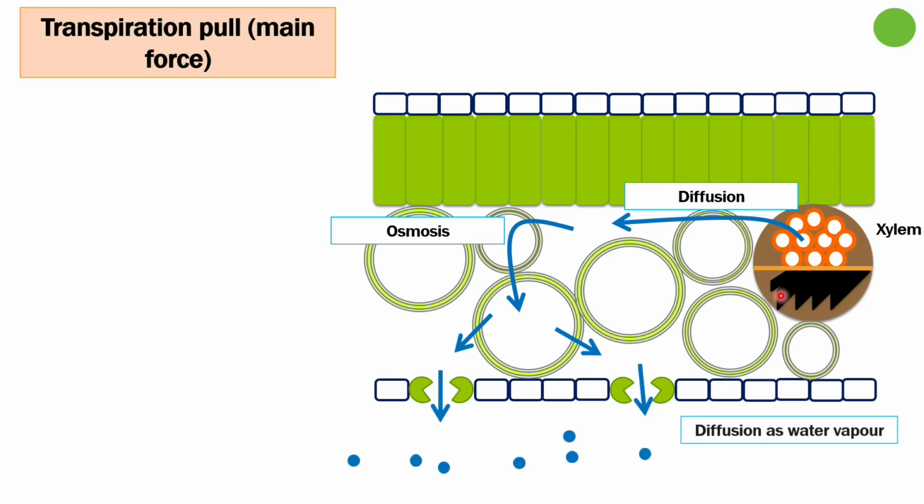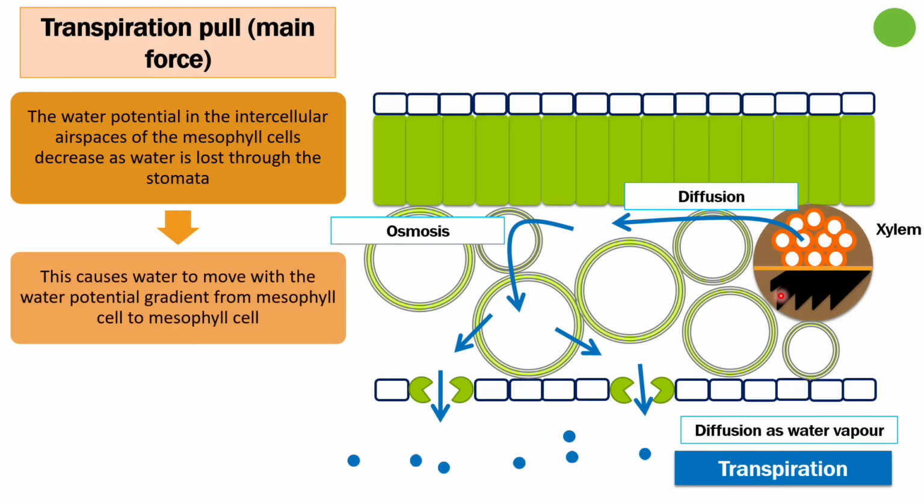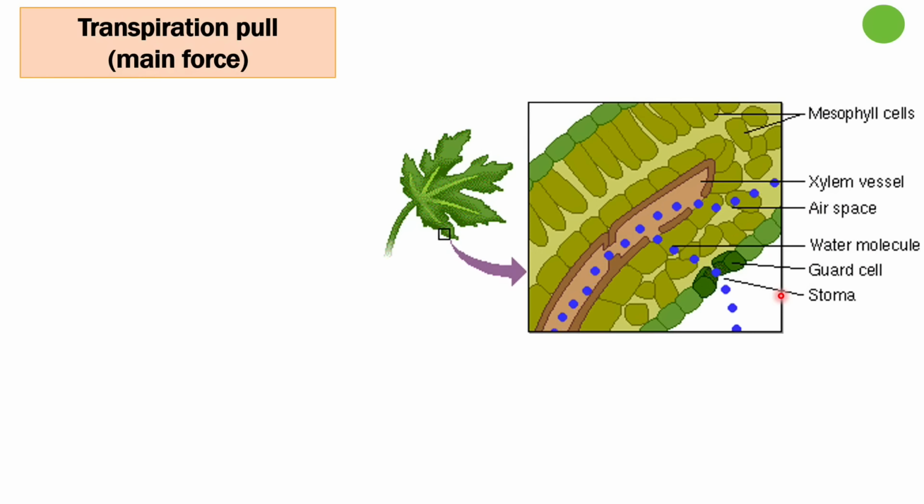So there we see water being lost to the environment, diffusion, evaporation is occurring. We call that transpiration. Here we're going through the mesophyll layers, it eventually moves out of the leaf, and then it's gone to the environment. The whole process of drawing the water out, we refer to as transpiration pull.